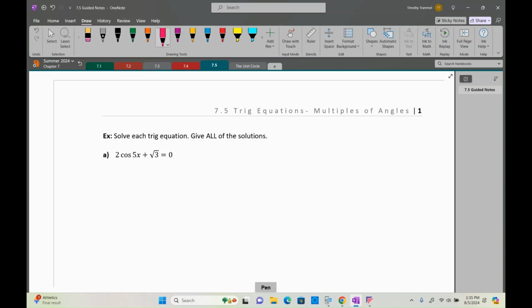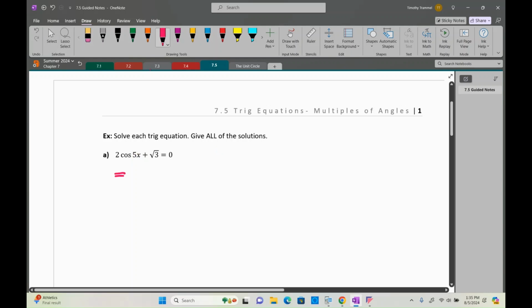I want us to go ahead and isolate that cosine of 5x. And so to do that, we just need to subtract the square root of 3 and then divide by 2.